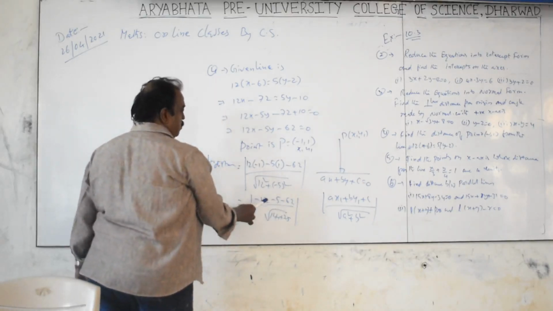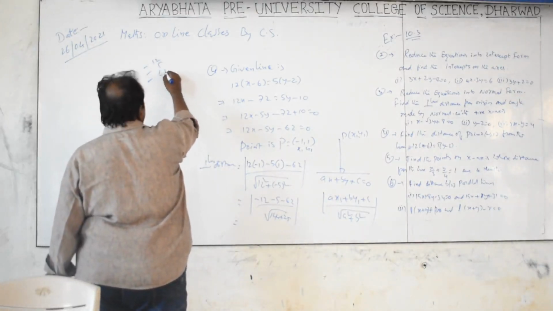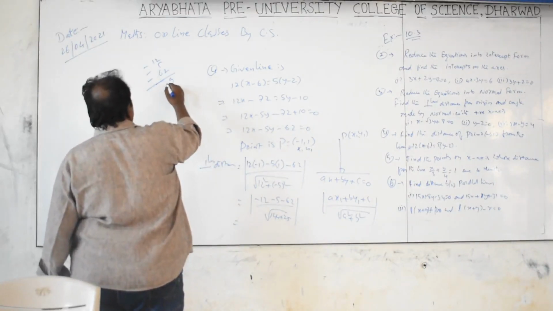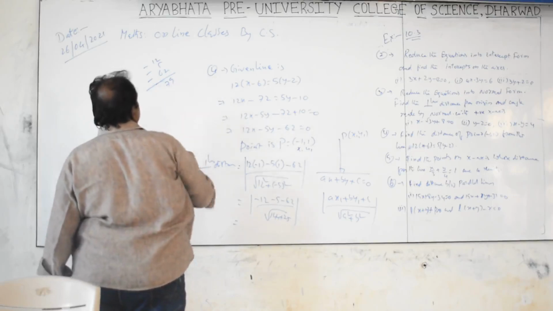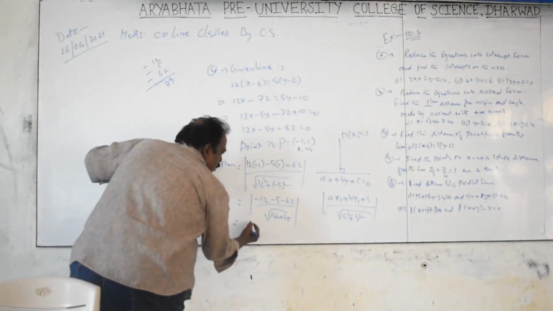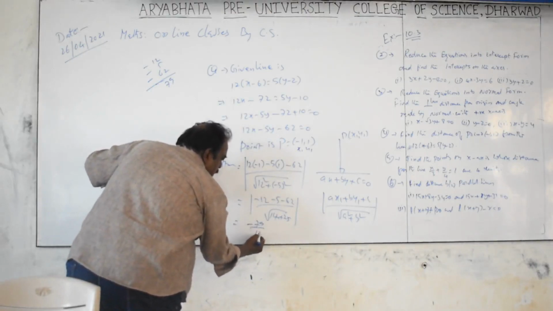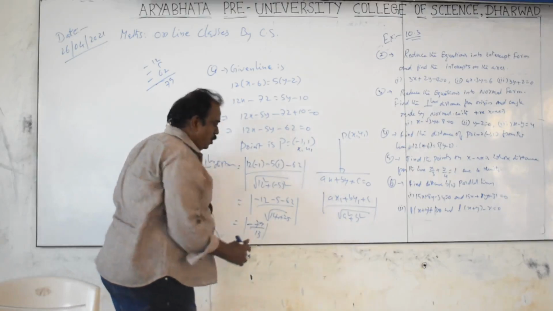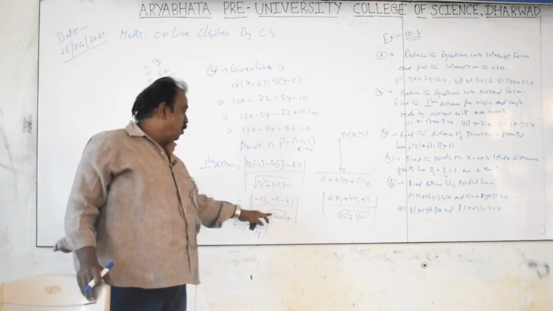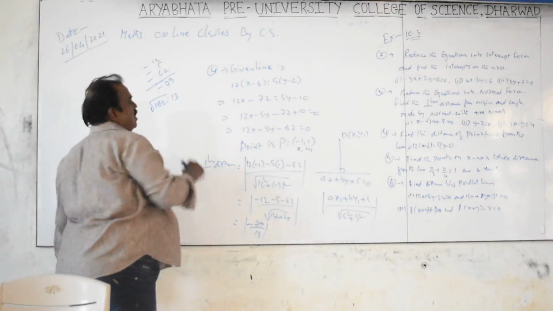You see, minus 12, minus 5, minus 62, everything is minus. How much? It is 79. So it is minus 79 by root 169, and root 169 is 13.